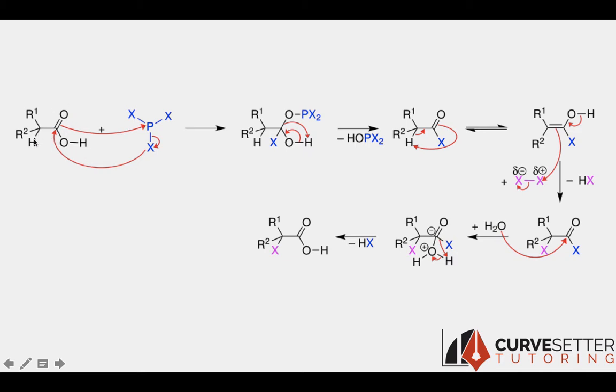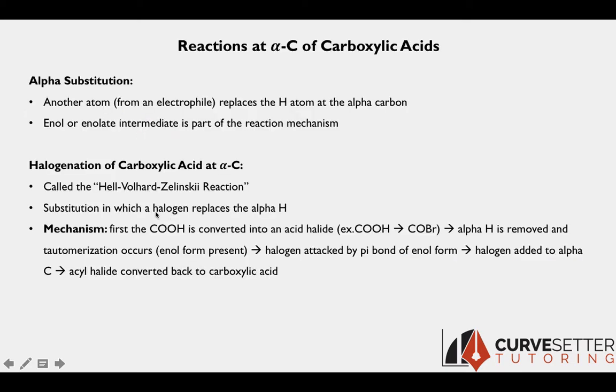So this hydrogen is going to be replaced by another atom which comes from an electrophile. So comparing this to this, we have alpha substitution. And if this X is a halogen, then that's halogenation of the carboxylic acid at the alpha carbon.